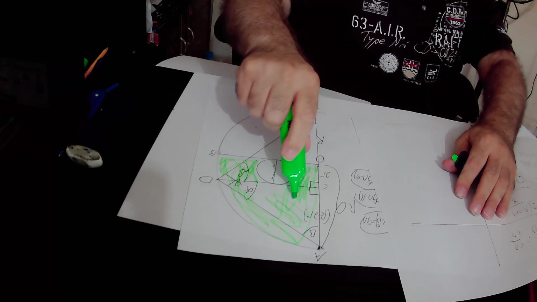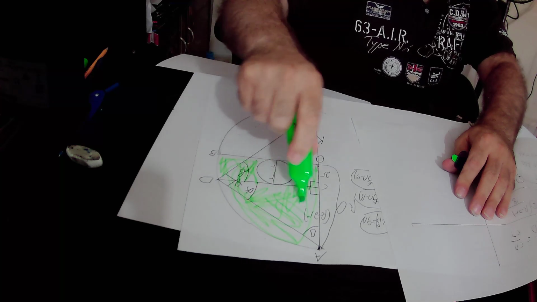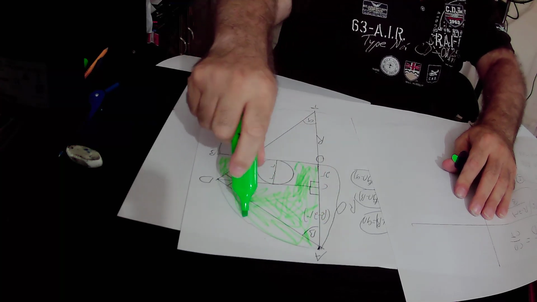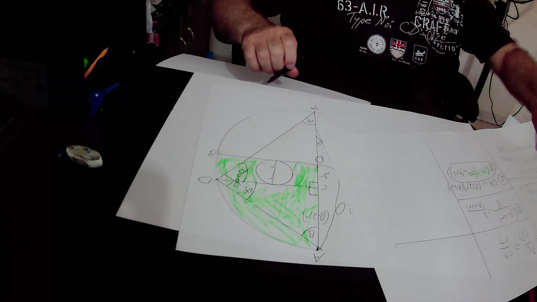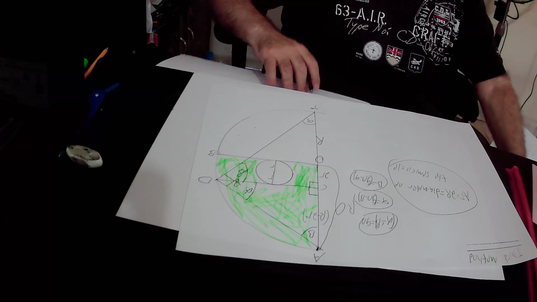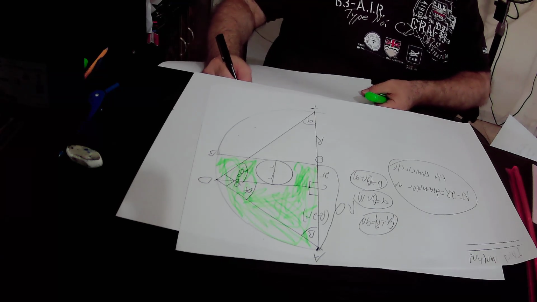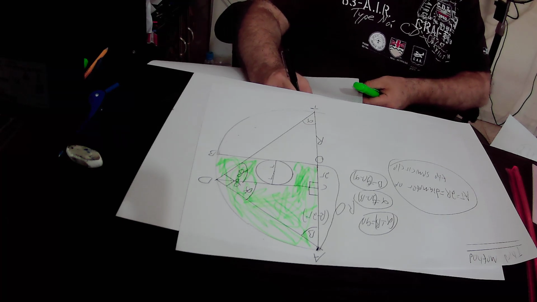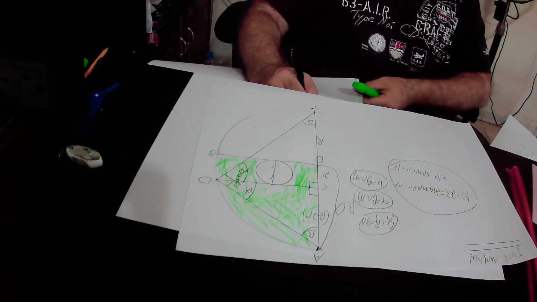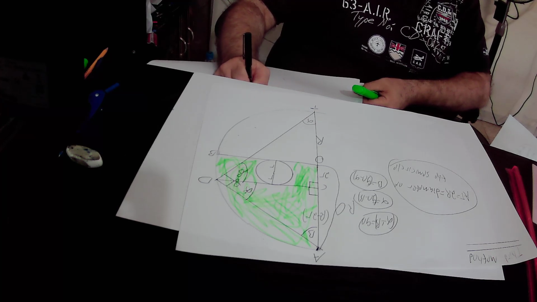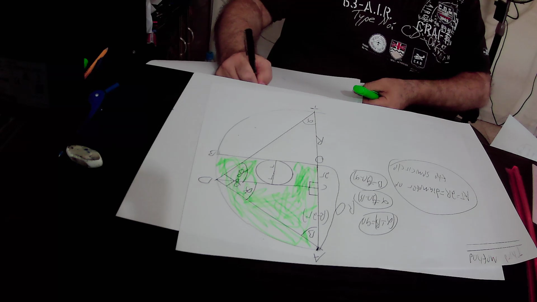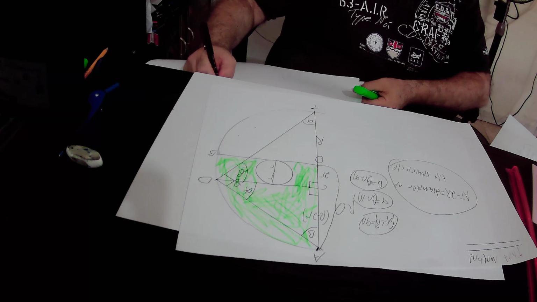The area of this green shape will be equal to the area of the quarter circle minus the area of the small circle.